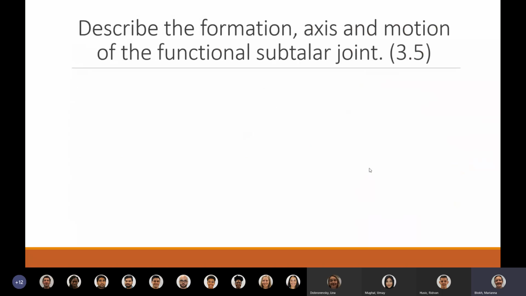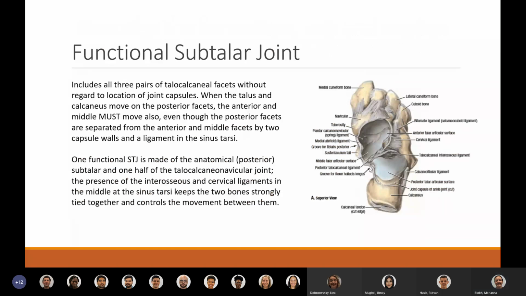Okay, so describe the formation, axis, and motion of the functional subtalar joint. We discussed the anatomical subtalar joint, and now let's talk about the functional subtalar joint. Remember what you learned about functional joints versus anatomic joints.